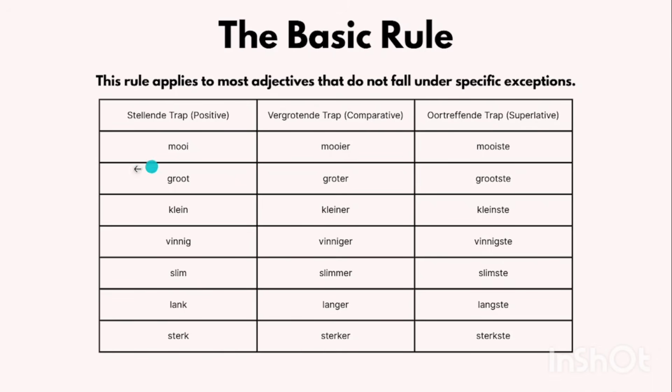Okay, groot: any word that has a double sound, whether it's double A, double E, double O, in the vergrootende trap, you will always lose the one sound, but not in the oortreffende trap, so only here.